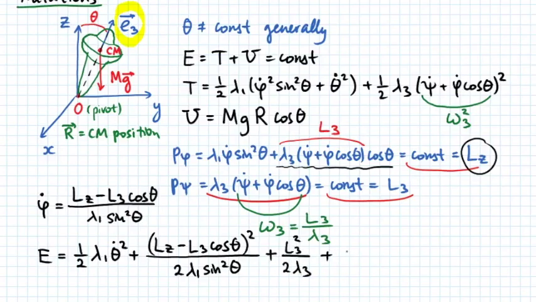And we need to remember the potential energy due to gravity, mgr cosine theta.